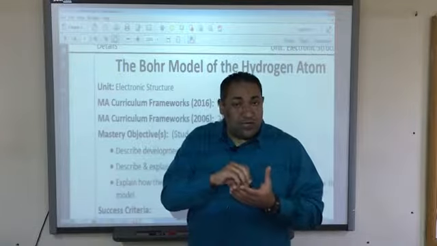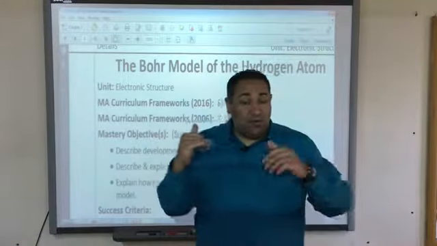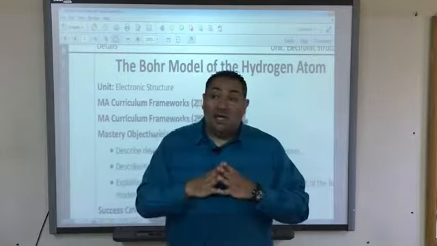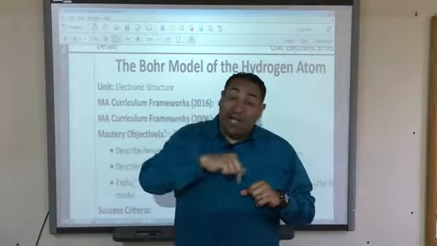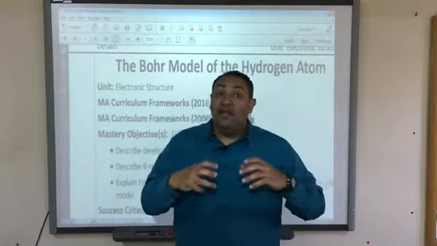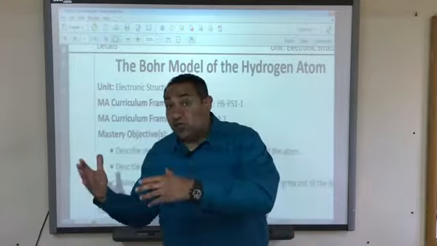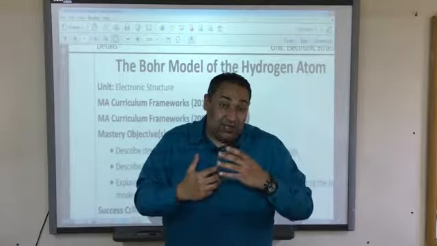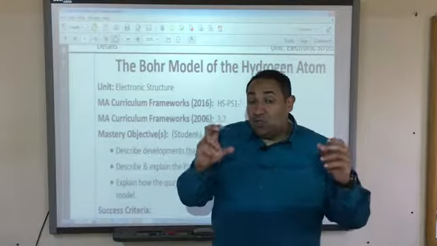If you remember, I explained the cathode tube from the J.J. Thomson experiment. Now we are using this application: if you expose some gases to real high voltage, or what we call excitement, this leads to a spectrum.